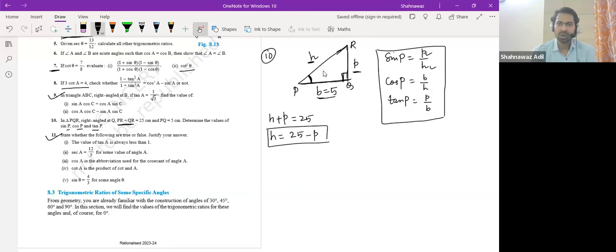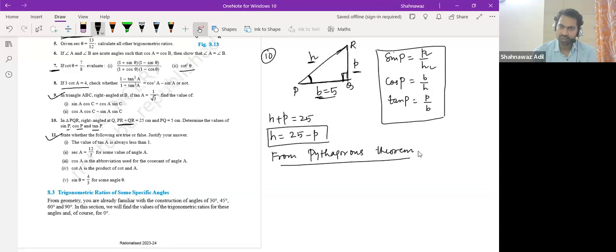Now, what is the relation between H, P, and B? From Pythagoras theorem, right. What is Pythagoras theorem, Amar?